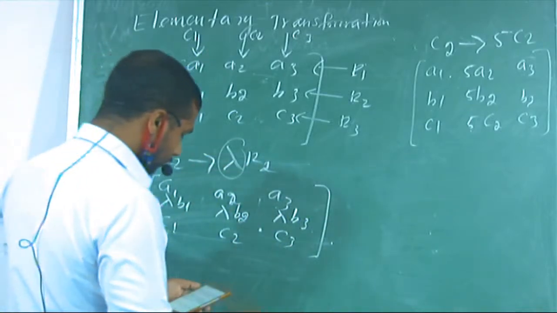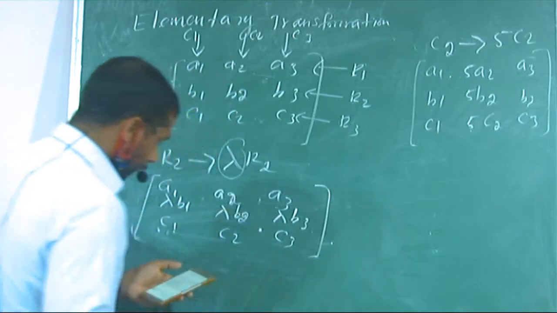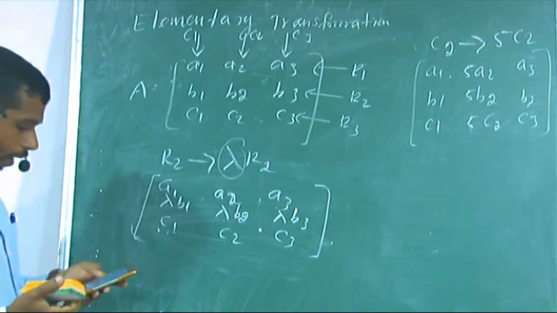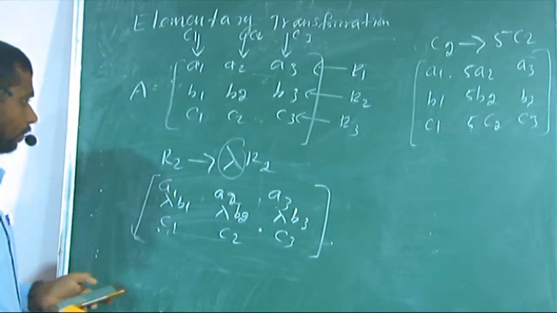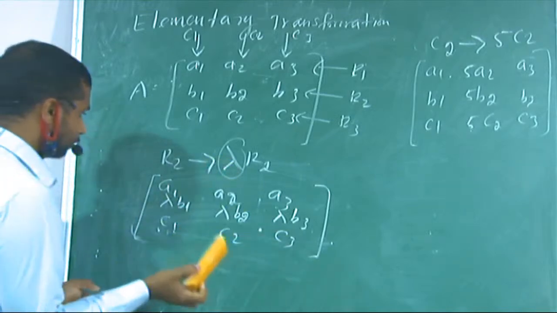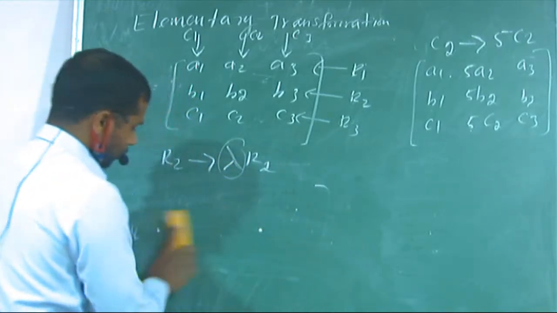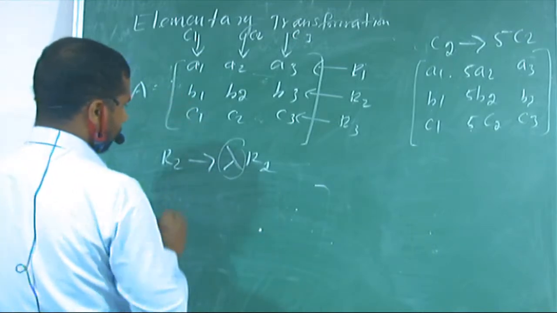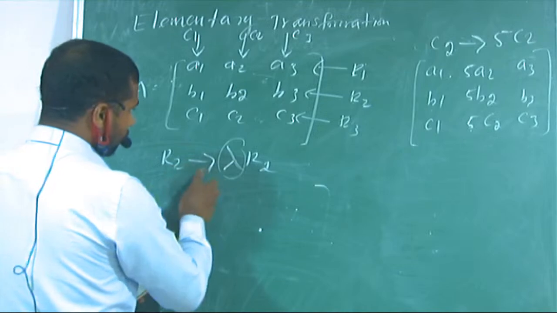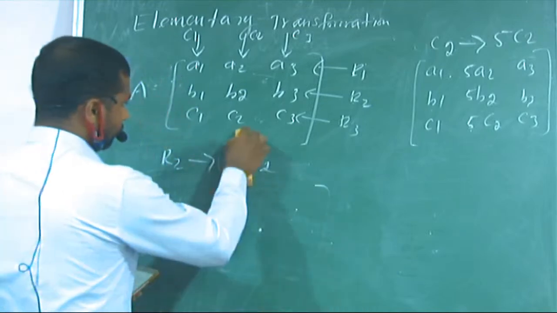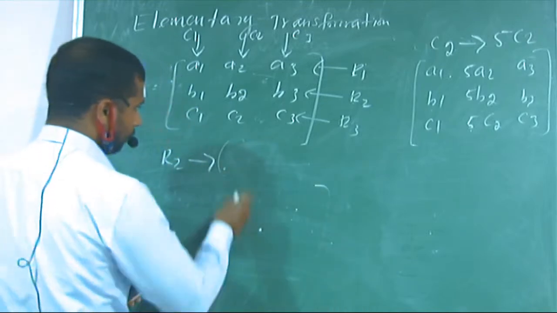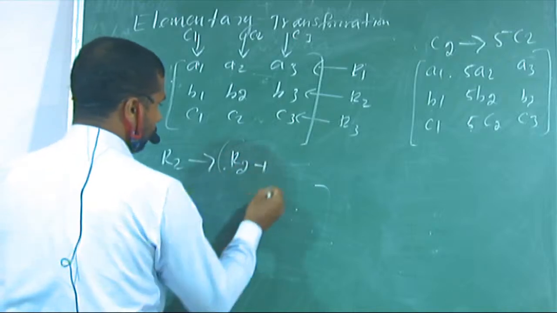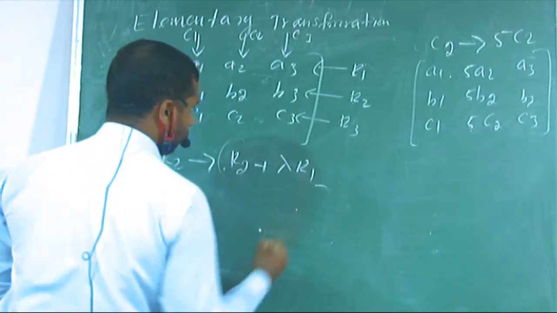The third point: replacing a row or column by the sum of rows, using the same 3 by 3 matrix. Take R2 plus lambda into R1.